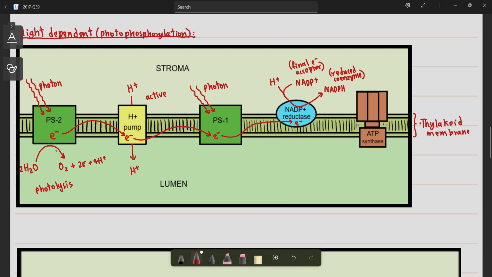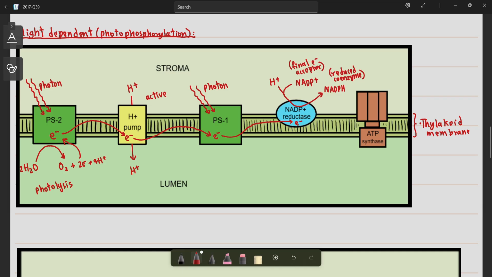This reaction primarily occurs in photosystem 2. These electrons are now going to replace the lost electron from photosystem 2, so that the reaction keeps continuing and produces the essential compounds, which are the reduced coenzyme and the ATP.